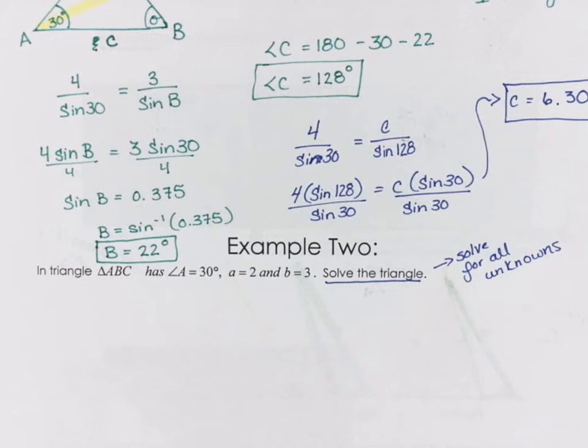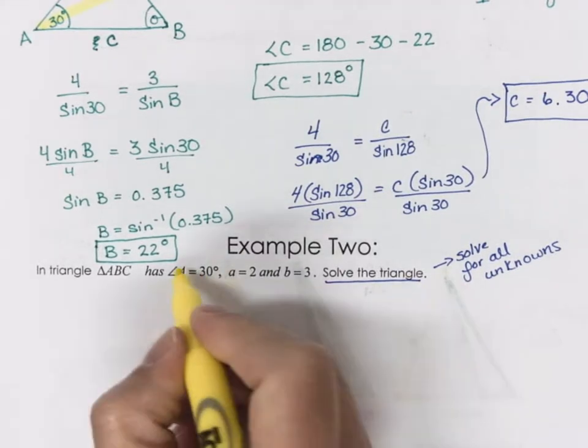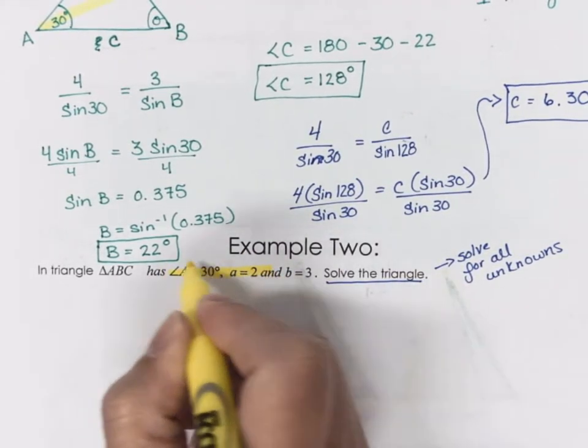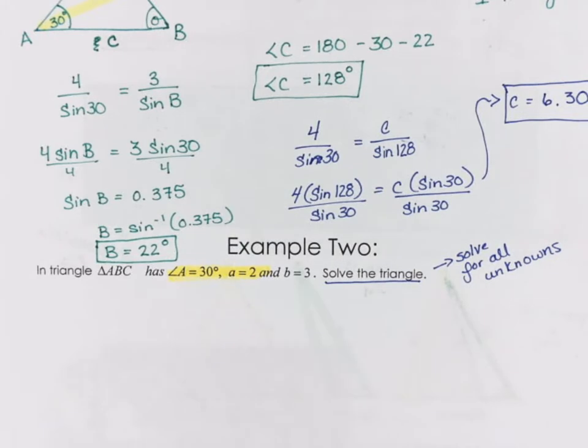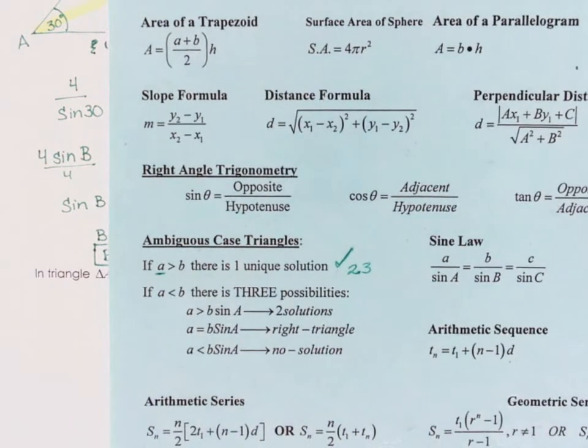Okay, so now we have another example, triangle ABC, angle A is 30, A is 2, and B is 3. So what's my matching set? A's again. I really need to get more creative. A's are my matching set. I don't know if it makes sense to you guys to highlight it or circle it or do something.